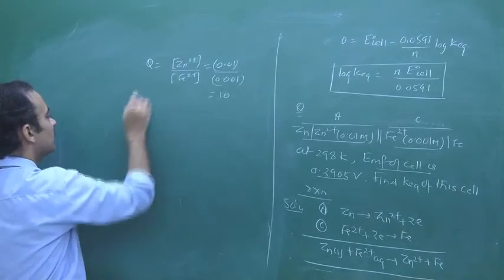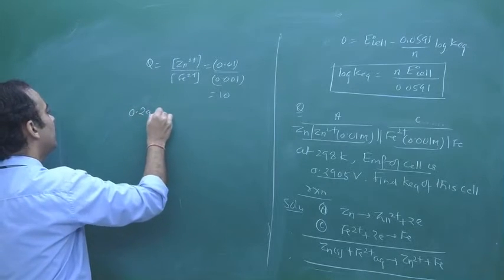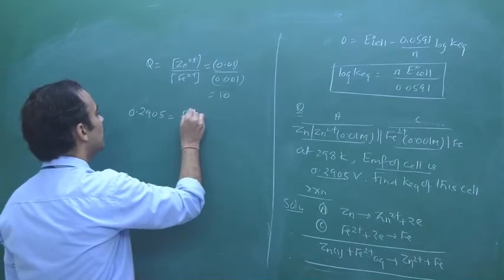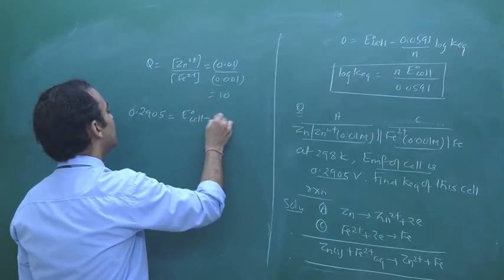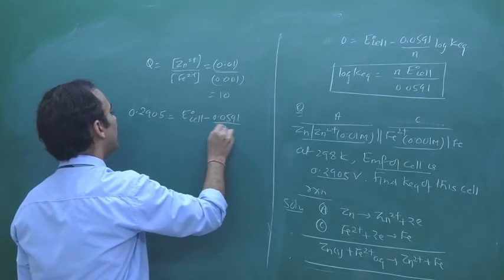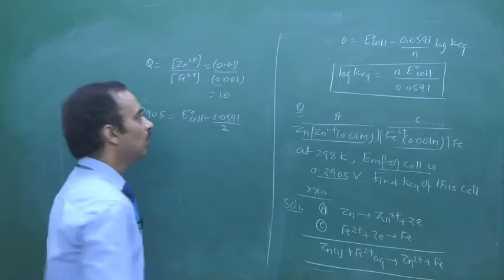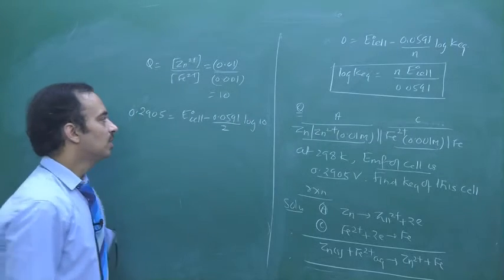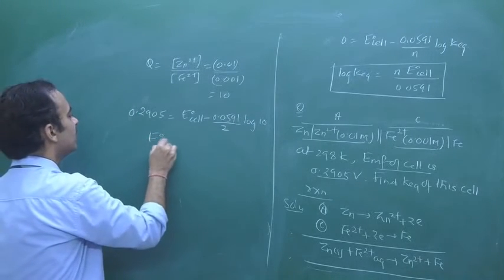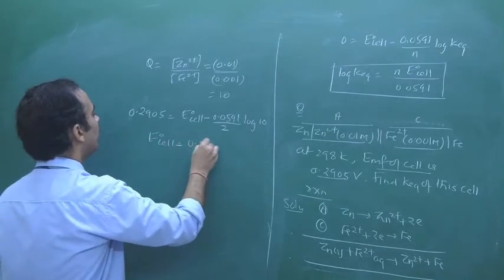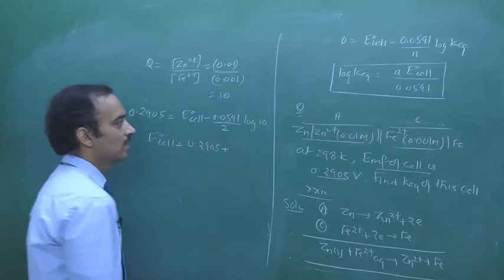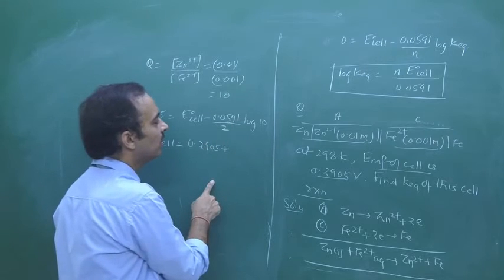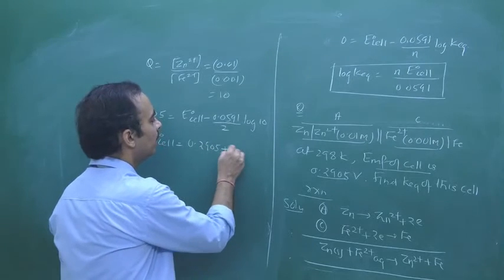E cell is 0.2905. E cell is equal to E0 cell minus 0.0591 upon 2 log of Q, that means log 10. Now from this we can say E0 cell is equal to 0.2905 plus 0.02955, as log 10 is 1.